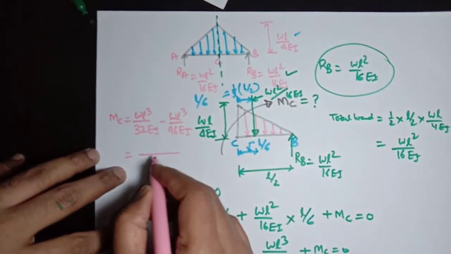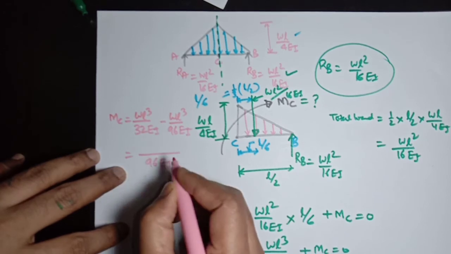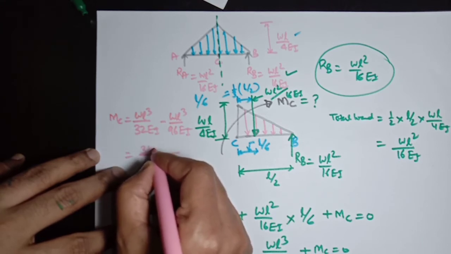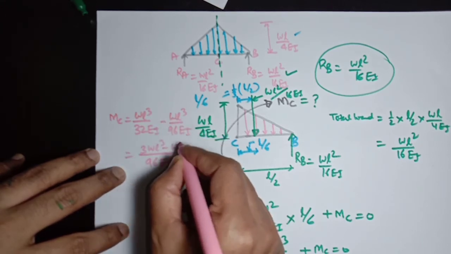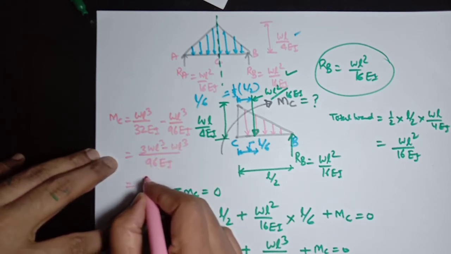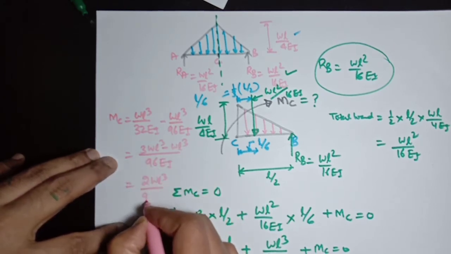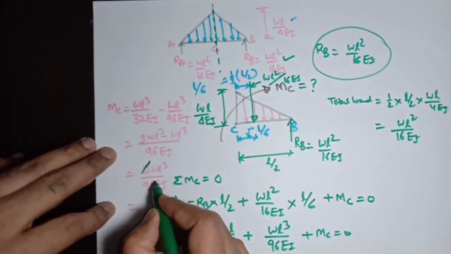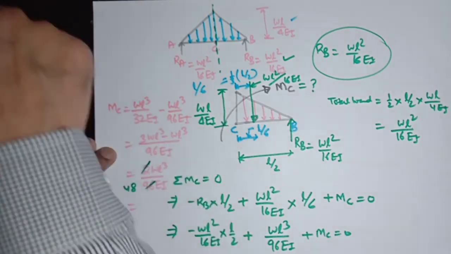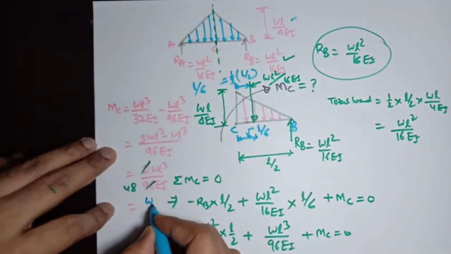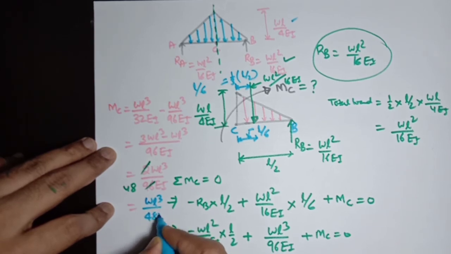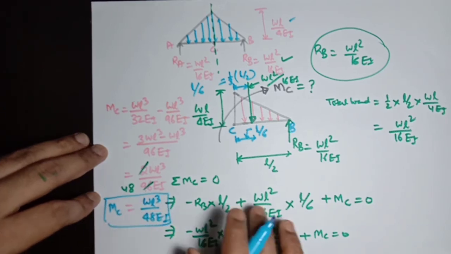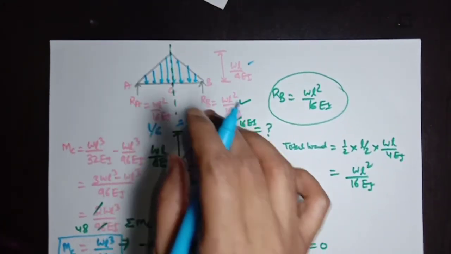LCM of this will be 96 EI, so 32 divided by 96 will be 3 WL cube minus WL cube, it will be twice WL cube divided by 96 EI, 2 divided by 96 will be 48, so its value will be WL cube divided by 48 EI. This is the bending moment MC, which is at the center of this conjugate beam.